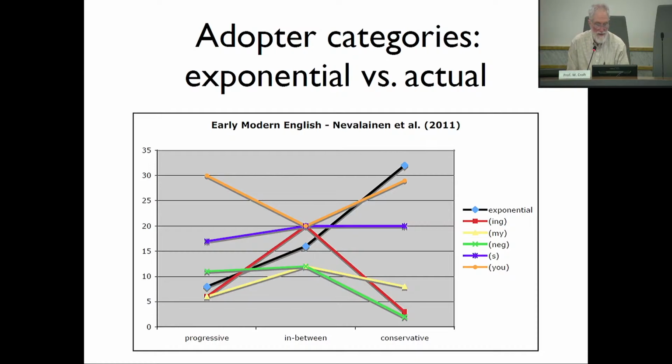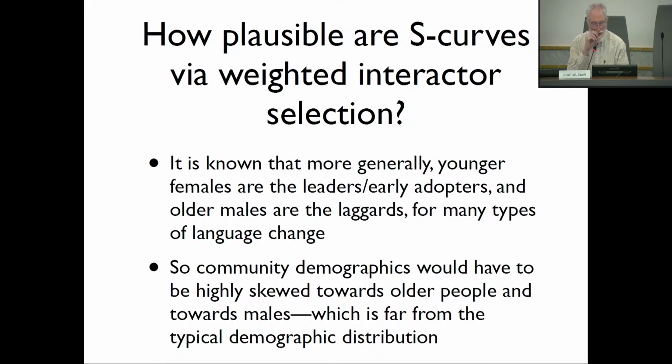You can see the exponential line in black there, rising up from progressive to conservative groups. But for the different kinds of changes in the history of English that they studied, you can see that they're wildly different, and none of them actually look like an exponential ranking. These are two very small studies, so you can't really extrapolate from that. But we also know more generally, at least for the kinds of societies that have been studied by sociolinguists, that younger people and females tend to be the leaders or early adopters, and older males are the laggards for many types of language change.